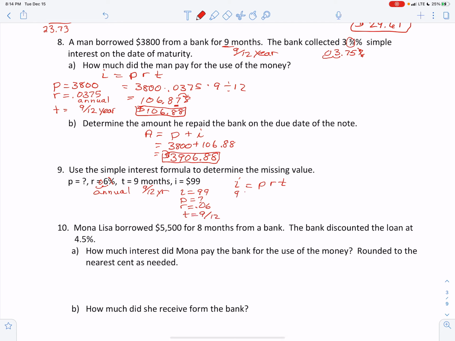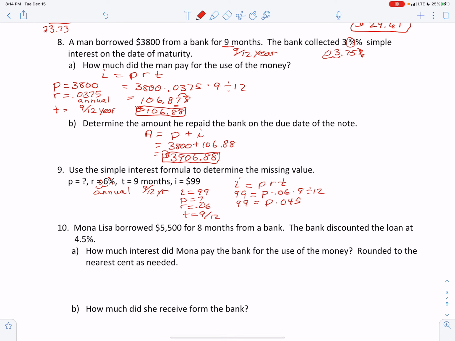So 99 equals P times 0.06 times 9 divided by 12. So if I multiply that 0.06 times 9 divided by 12, I get 0.045.